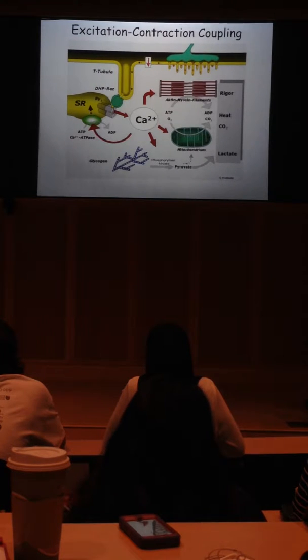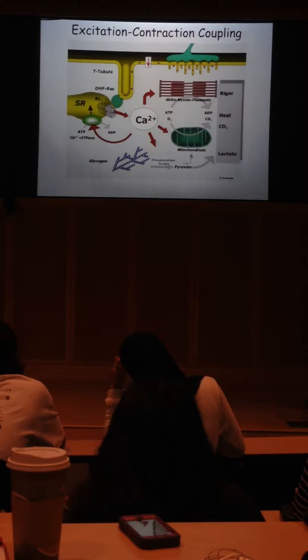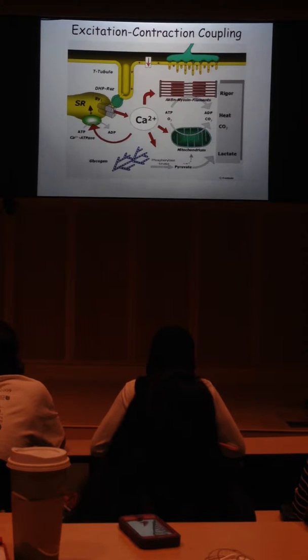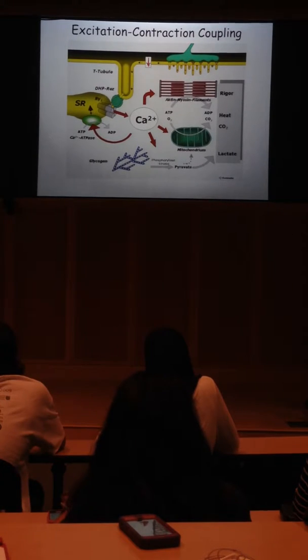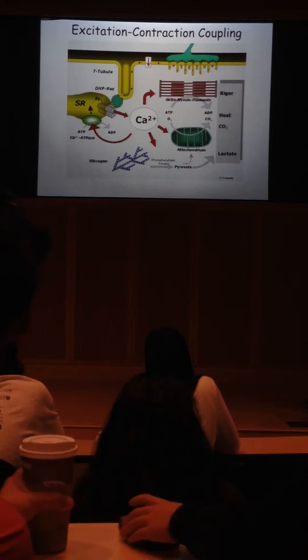If you notice, this is a primary pump, so it requires ATP in order to take calcium from the cytosol and bring it into the sarcoplasmic reticulum quickly. So ATP during the contraction cycle has multiple functions, one of which is to stimulate the calcium uptake. So you have quite a bit of ATP hydrolyzed. As a result, you have quite a bit of heat generated, and depending on other energy sources, you may have lactate, which creates pain.